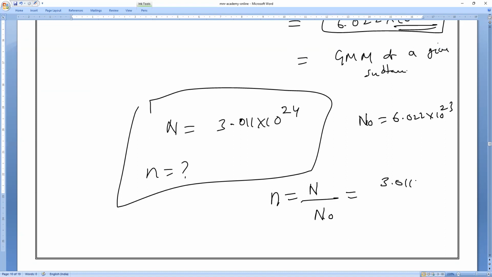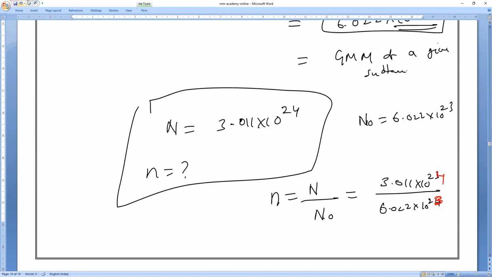So 3.011 into 10 power 24 divided by 6.022 into 10 power 23. Sorry, the Avogadro number is 10 power 23, and here it is 10 power 24.